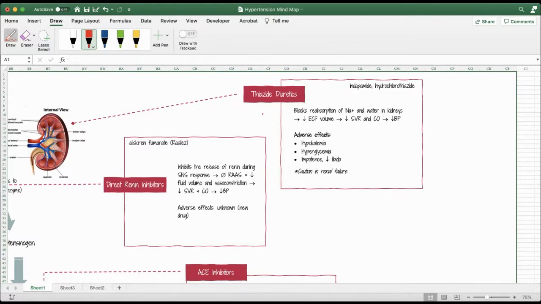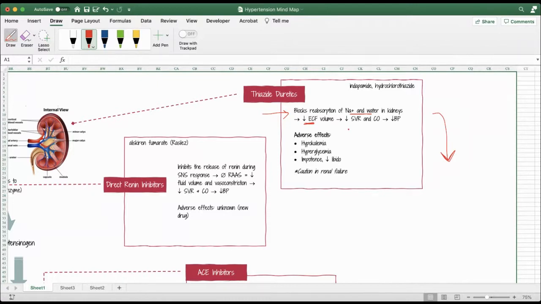What these do is they block reabsorption of sodium and water in the kidneys. So if we block the absorption of sodium and water in the kidneys, where does the sodium and water go? It's diuresed, or excreted through the kidneys. When that happens, we have a lower extracellular fluid volume.